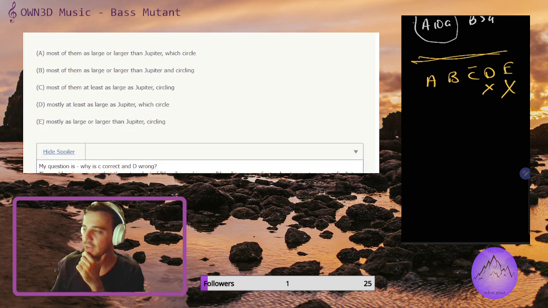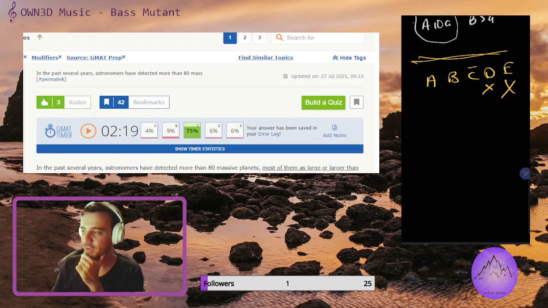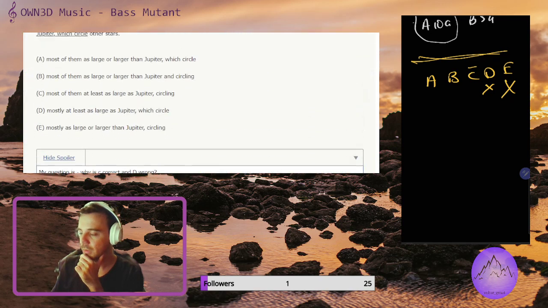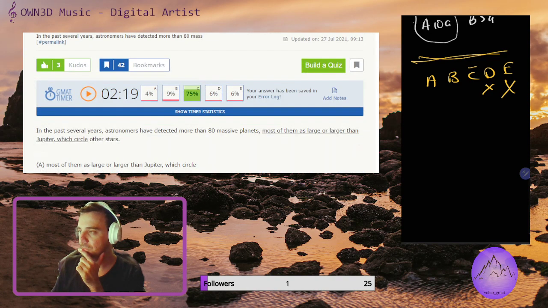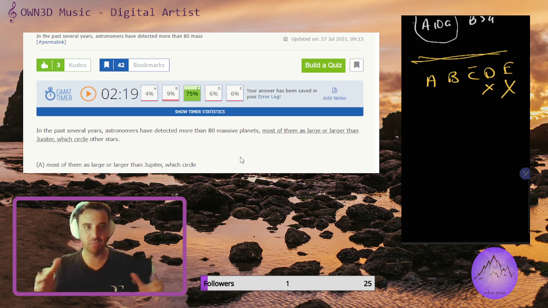Yeah, so I think they were saying why is D not right? And I think they answered their own question. So mostly being an adverb, it's modifying an adjective. That's not actually correct though, because we're not trying to modify large. We're not trying to say that 80 massive planets are most of the way to being large.